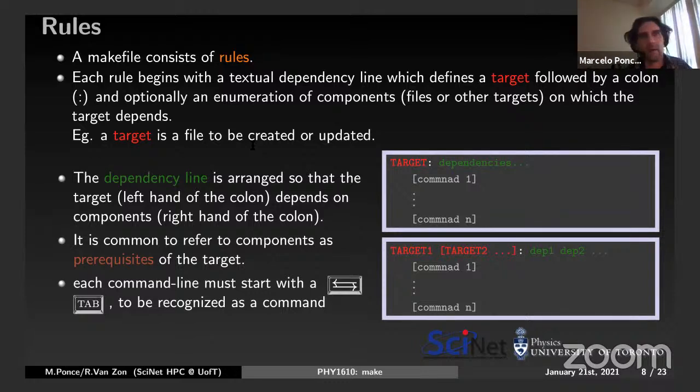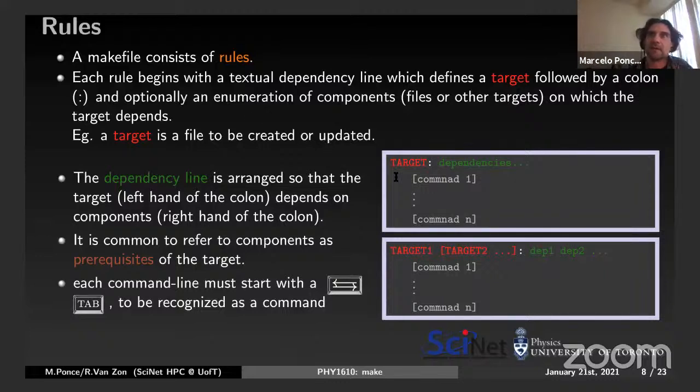If you are familiar with Python, you can think about it like indentation in Python. It has to be in a particular manner. Well, this is like that, but even a little bit beyond that as well. So a target starts with a word, followed by a colon. And optionally, you can enumerate components or files on which the target will depend.